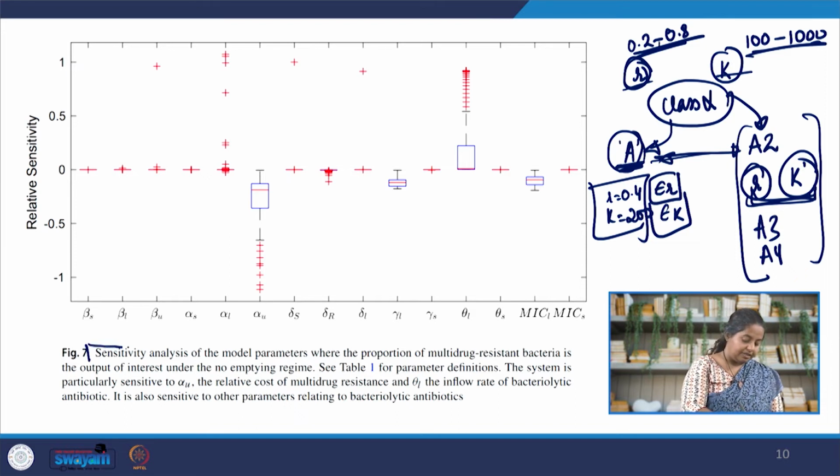In one of the later lectures, when we will be looking at MATLAB, I will show you how to do sensitivity analysis in MATLAB. So, in sensitivity analysis, when we have our model, we have put our parameters in, and we have our data, we take one parameter at a time.